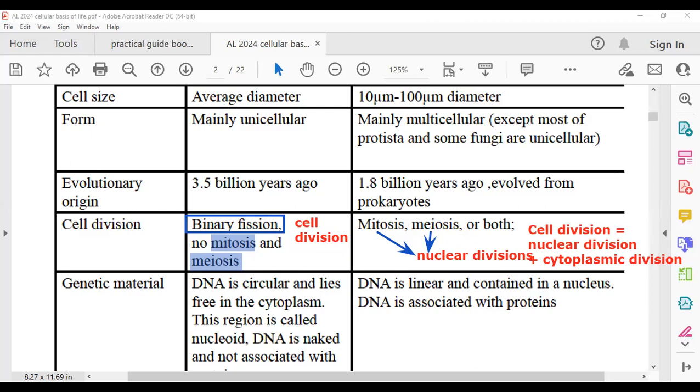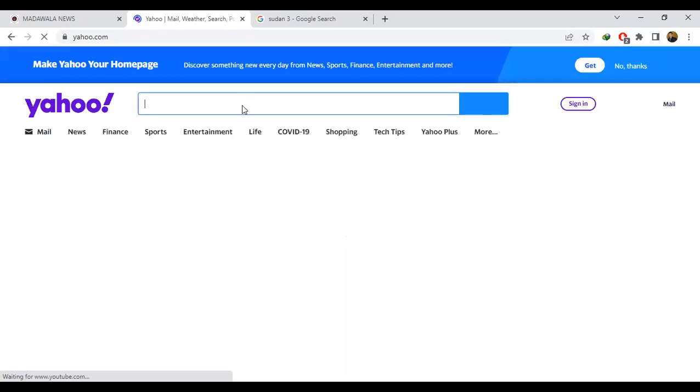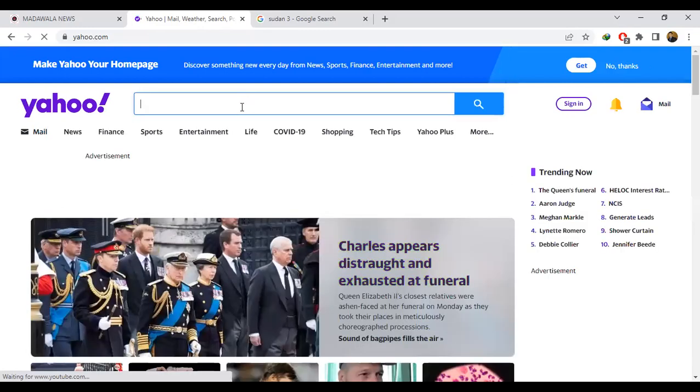Binary fission is also a familiar word to you from your grade 10, but you don't really know what binary fission means.